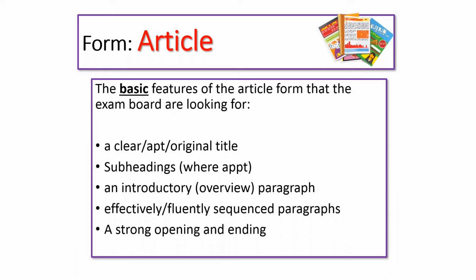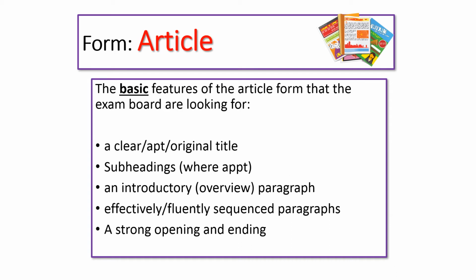Subheadings, you don't have to use these, but subheadings can work really nicely in an article, particularly a magazine article that tends to be more kind of boxed or sectioned out. Any article should have an overview paragraph at the start or an introductory paragraph that's going to outline the reason for this article, what it's going to be about.